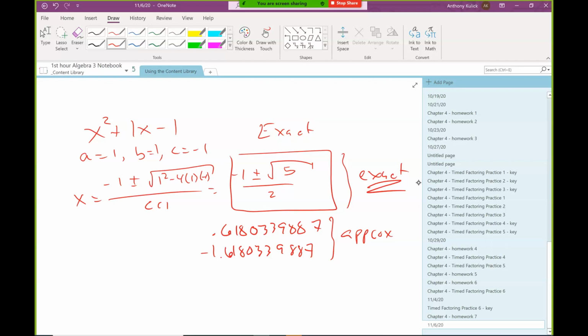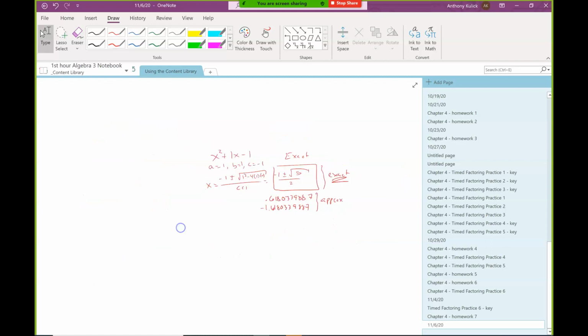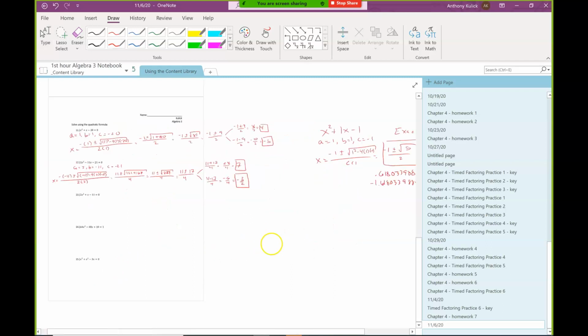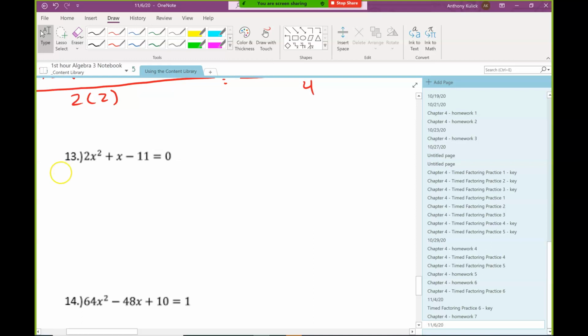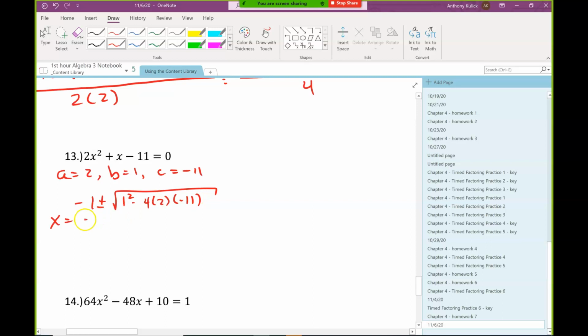Megan? 13? Okay. So A is 2, B is 1. So -b plus or minus the square root of b squared minus 4 times a times c, all over 2 times a.